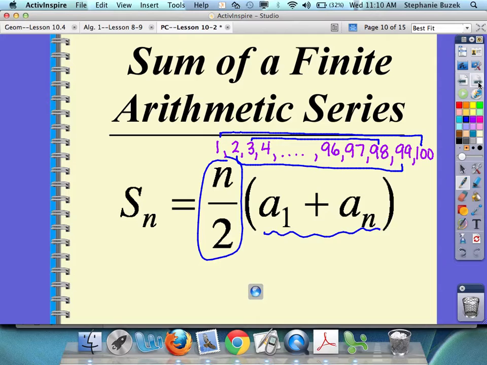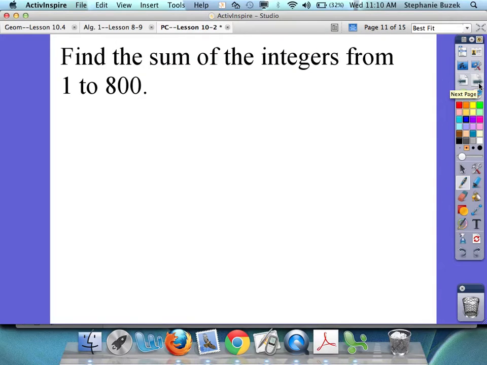So let's go ahead and look at a problem. Find the sum of the integers from 1 to 800. So we're going to find s sub 800 equals. First thing is I need to figure out how many pairs, so I'm going to take 800 divided by 2. The next thing I'm going to do is take first plus last to find out what the sum is.